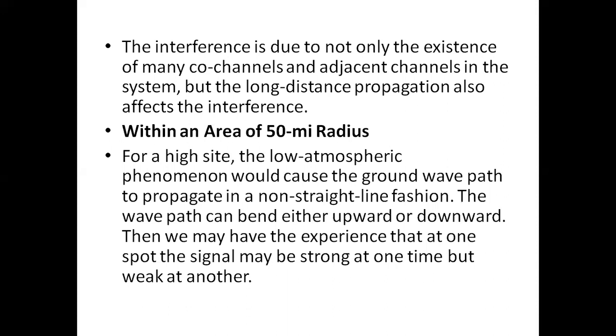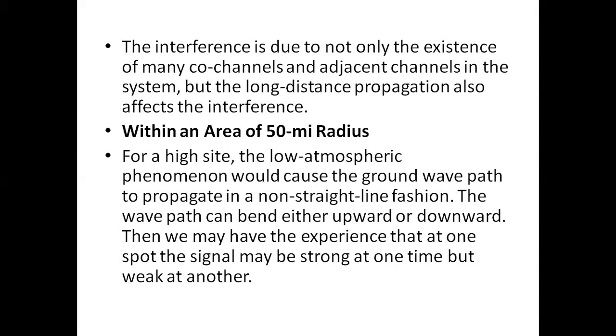That is, the wave is not propagated in a direct manner. The wave path can bend either upward or downward, so there is a bending of the wave even though we are increasing the height of the cell site antenna.